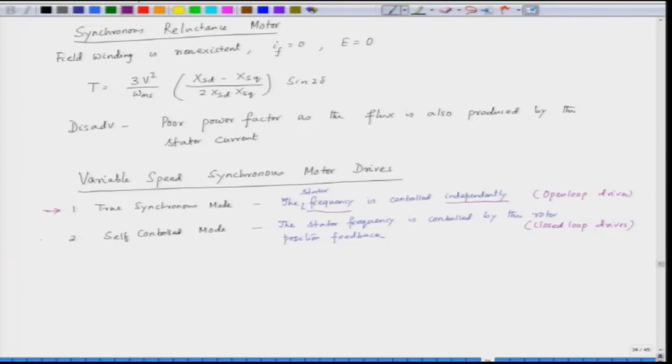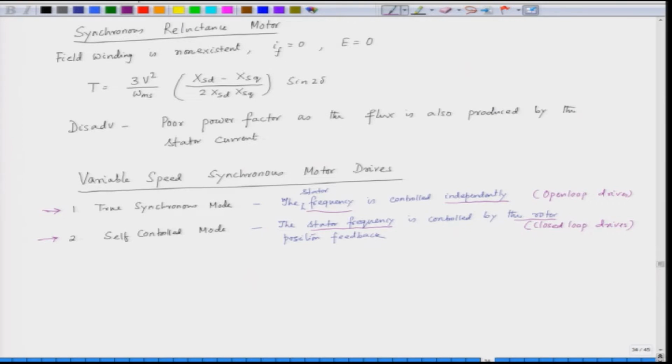So, the second type of drive is called the self controlled mode. Here the frequency of the stator is controlled by the rotor. Now, why is it so? Because in a synchronous machine there has to be synchronism between the stator and the rotor.